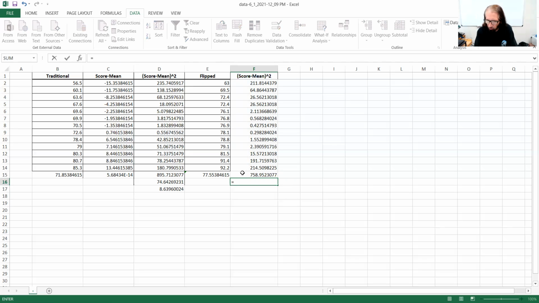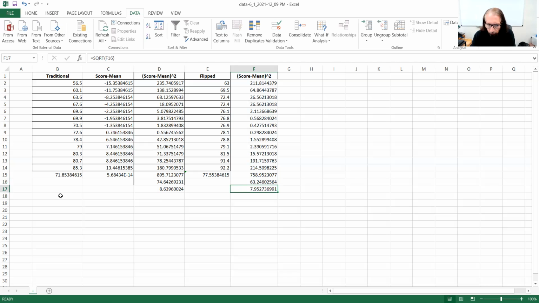Divide that sum by 1 less than the number of scores because it is a sample, and then the square root, to go from the variation that I've got highlighted right there. The square root of that will give me, that's the variance of the sample. This is the standard deviation of the sample.